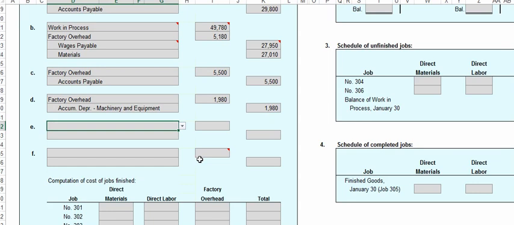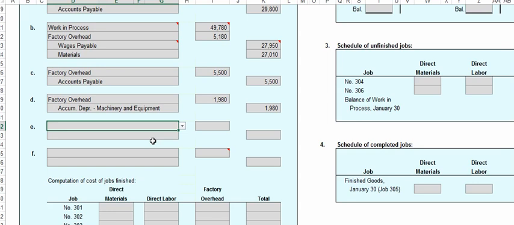Okay, on E, they tell us the factory overhead rate is $54 per machine hour. The way they determine this rate, at the beginning of the month, they estimate what they think their actual factory overhead cost will be for the month. And then they divide that by some base that they consider to be driving the overhead cost.